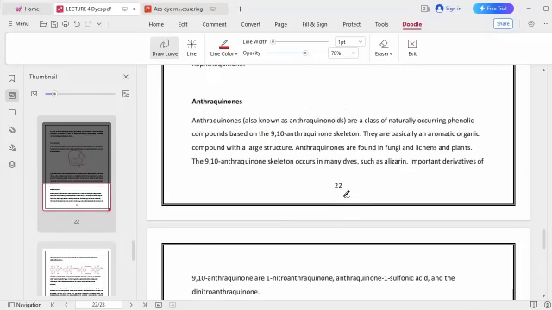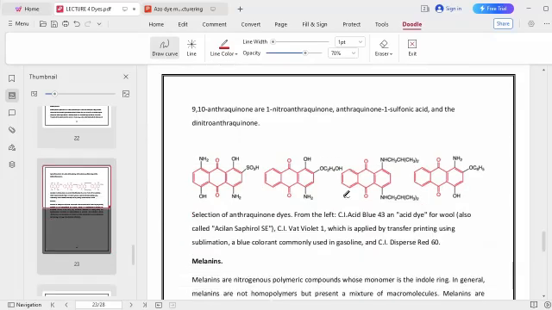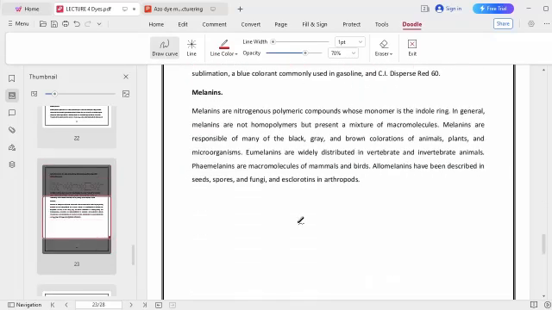And then we also have the anthraquinones. Then we have melanin. Melanin is the skin pigment, the black pigment in our skin, and it's also common in hair and nails. It's responsible for giving black, gray, or brown color to animals, plants, and also to microorganisms.